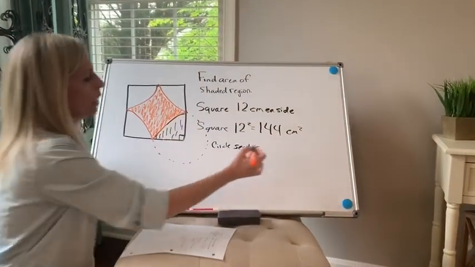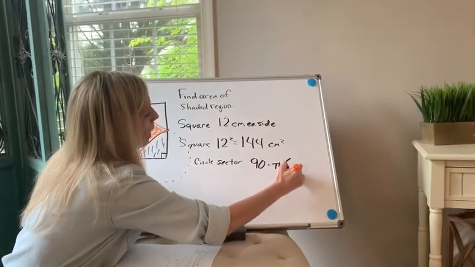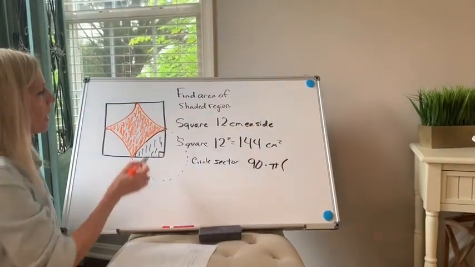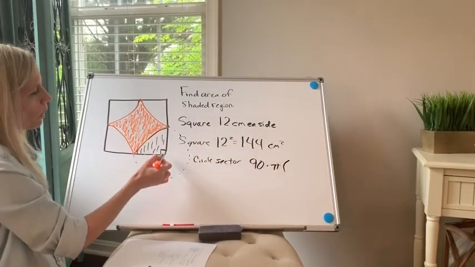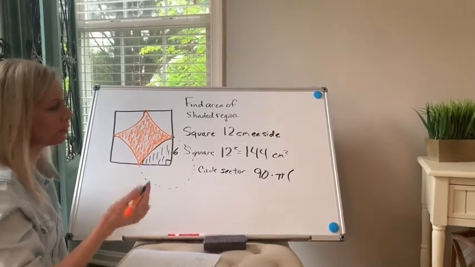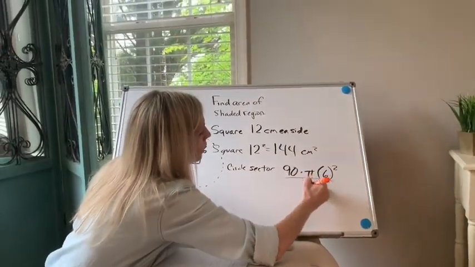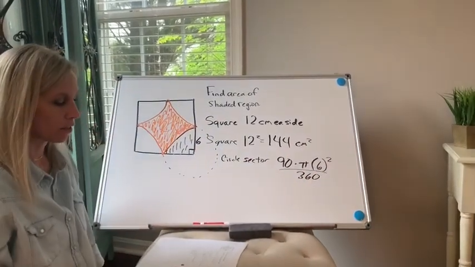So I'm going to take my formula again, I'm going to take 90 times pi times, now I need a radius. So the side of the square is 12, that's the midpoint, so that makes that a 6, so that means that's my radius. So 6 squared, and then I'm going to divide it by 360.